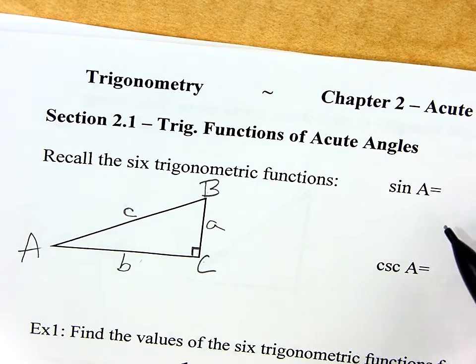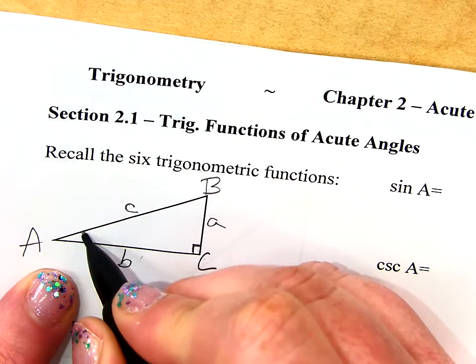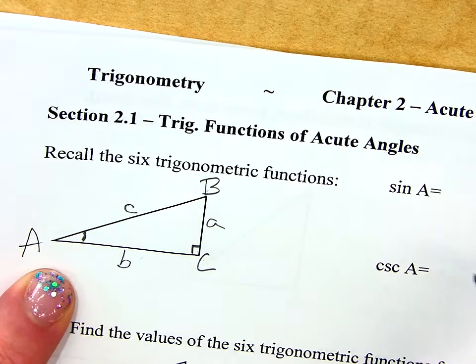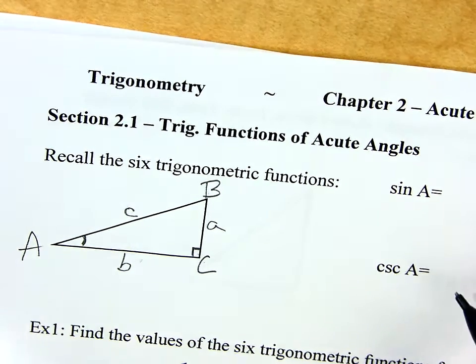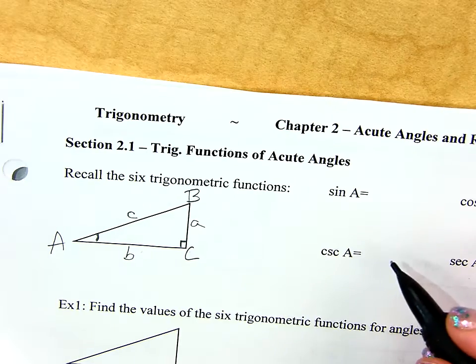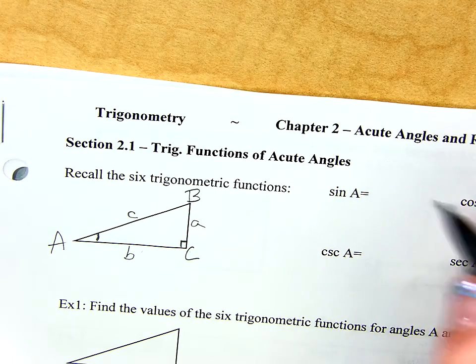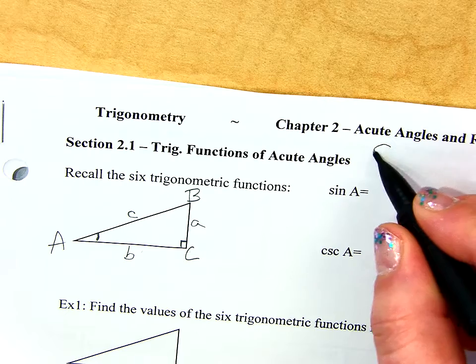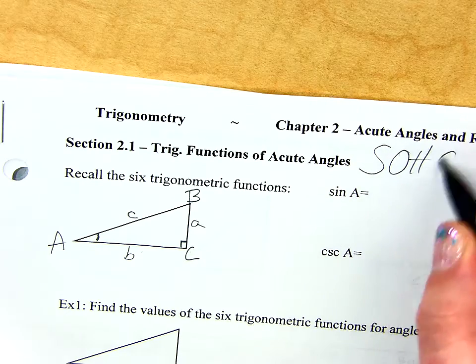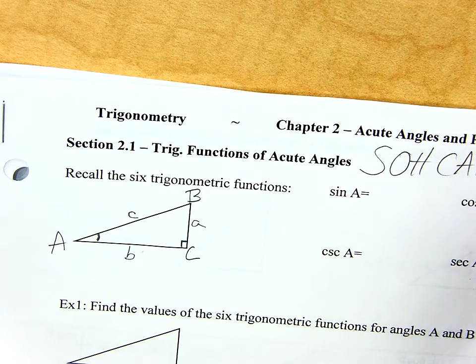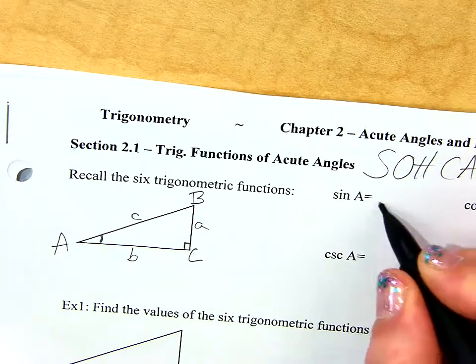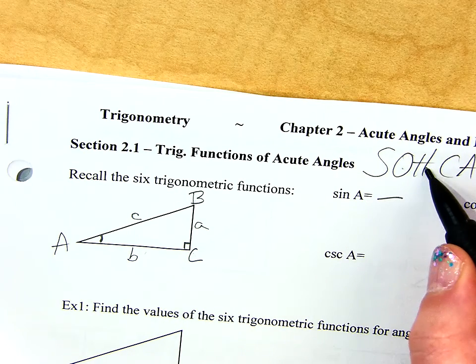If we wanted to find the sine of angle A, that would be what over what? What's the magic word again? That helps us remember all this? SOHCAHTOA, yeah. So sine is opposite over hypotenuse, right?